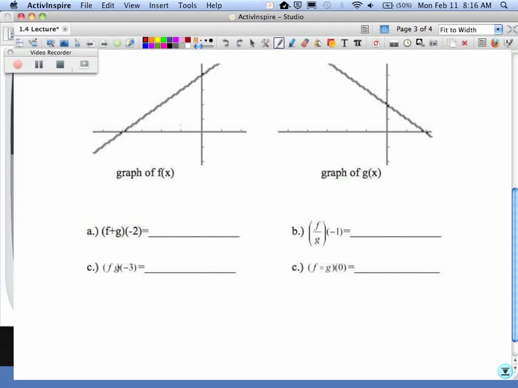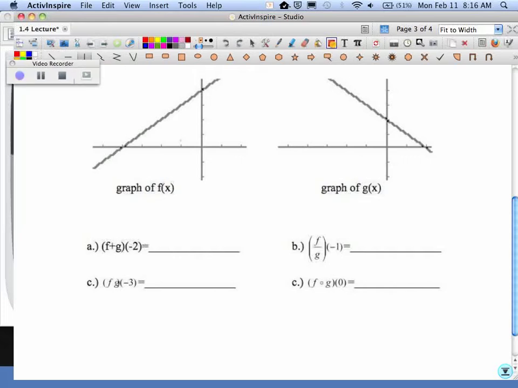So, we're going to take -2, we're going to plug it into function f, and we're going to plug it into function g. So, find -2 on the graph. That would be right here. And I go up or down.